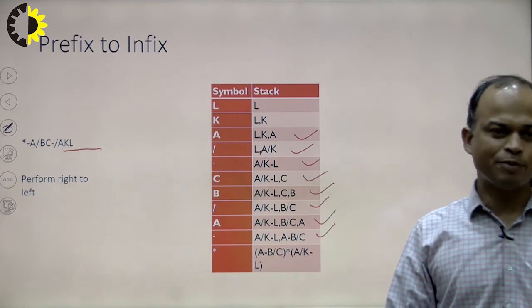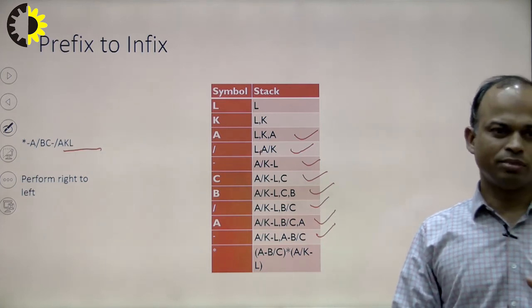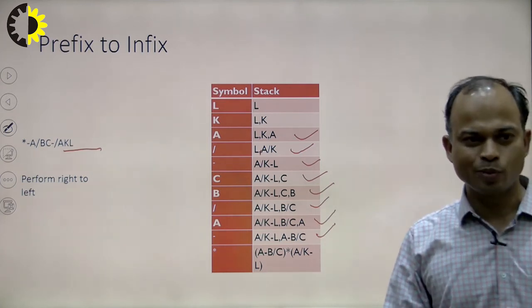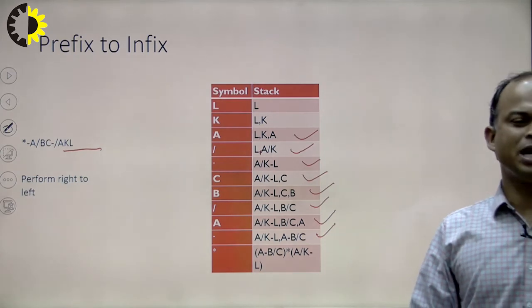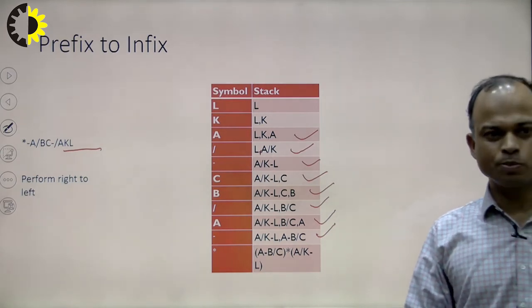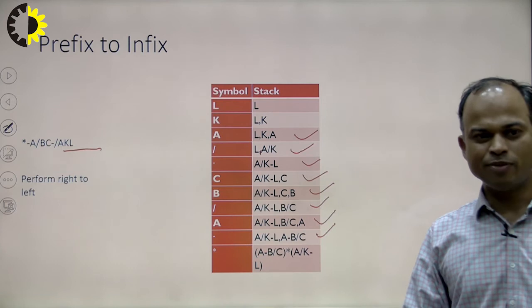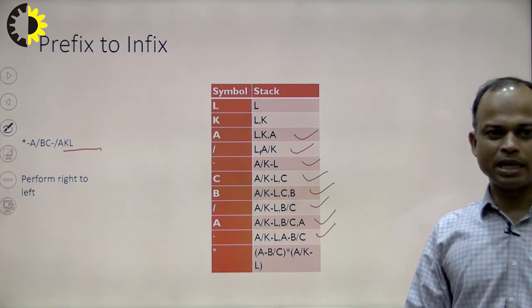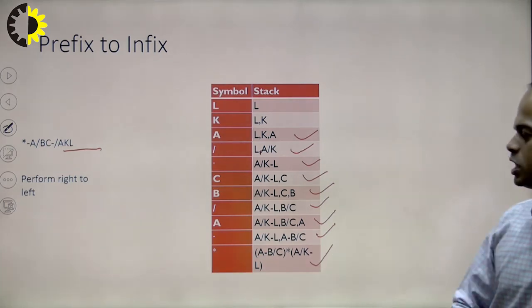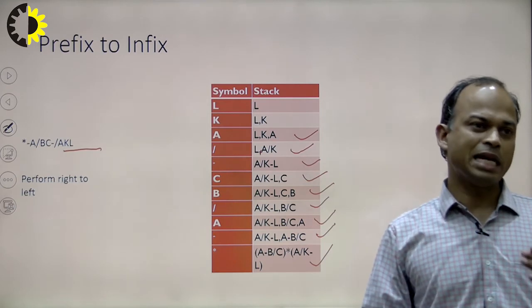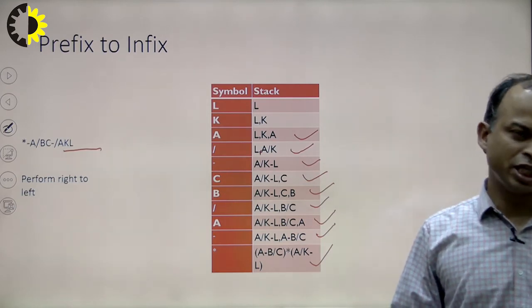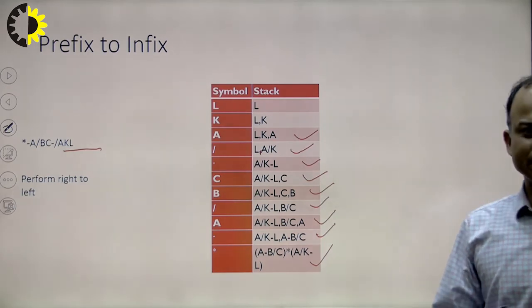So further we multiply the last two values of the stack, and therefore we have A minus B divided by C multiply A divided by K minus L. So in this way we can convert any prefix expression to an infix expression.